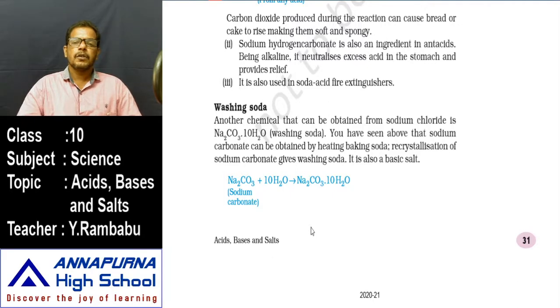It is familiar to us in homes and laundries, and in detergent powders it is used as an active ingredient. What is that active ingredient? Sodium carbonate, washing soda. So another chemical that can be obtained from sodium chloride is sodium carbonate. It is washing soda. Its chemical formula is Na2CO3.